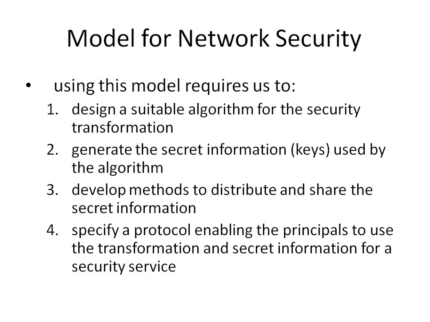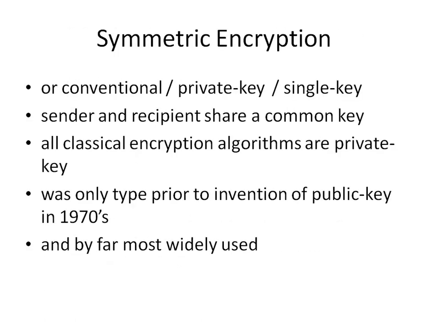Third, we have to develop methods to distribute or share the keys, the secret information, between the sender and the receiver. And finally, we need a protocol. We need to specify which protocol will support our algorithm as well as the secret key. These are the basic requirements before we start modeling network security.